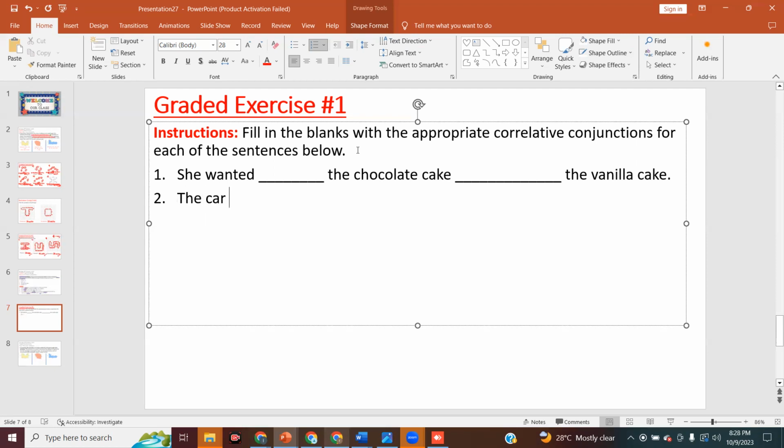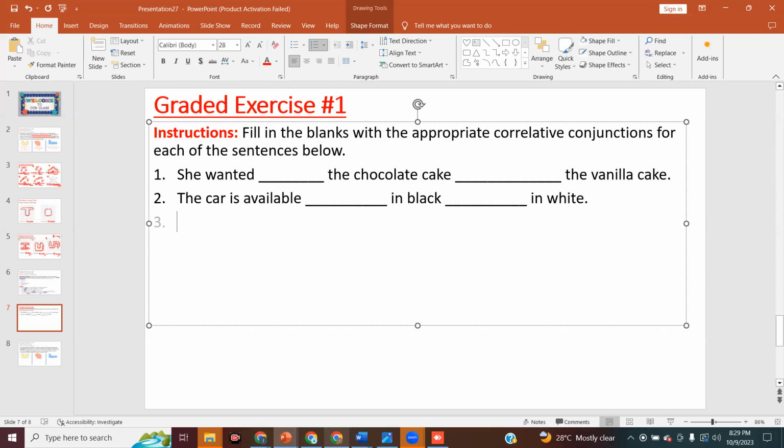The car is available. Blank in black. Blank in white.